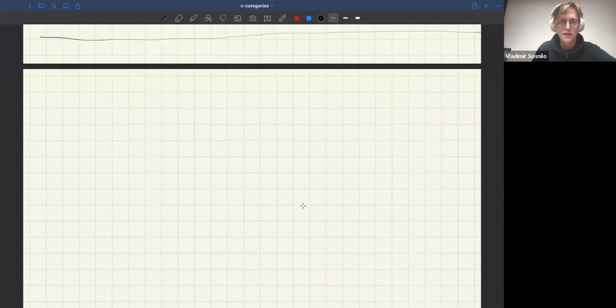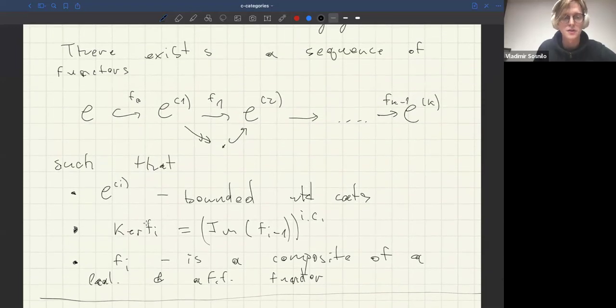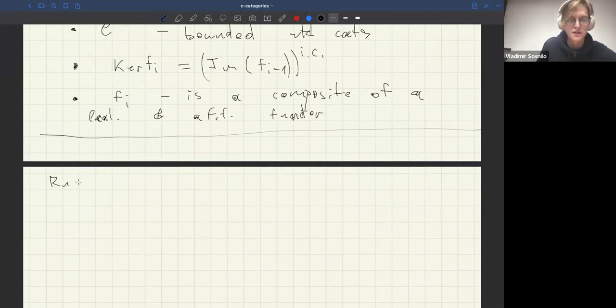Now, corollaries. Let me also say that this sequence is actually functorial. Remark: the sequence is functorial in weight exact functors.